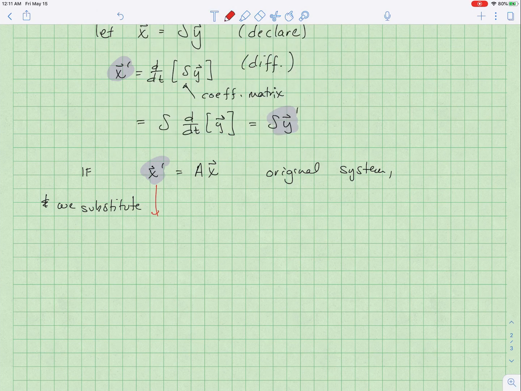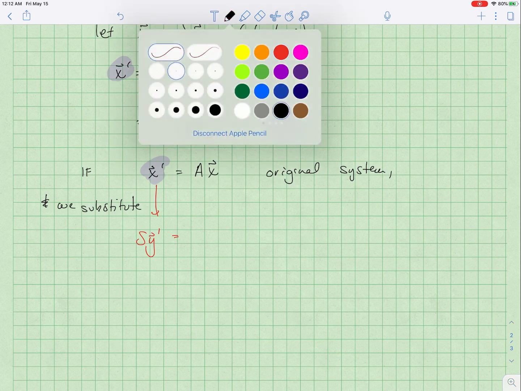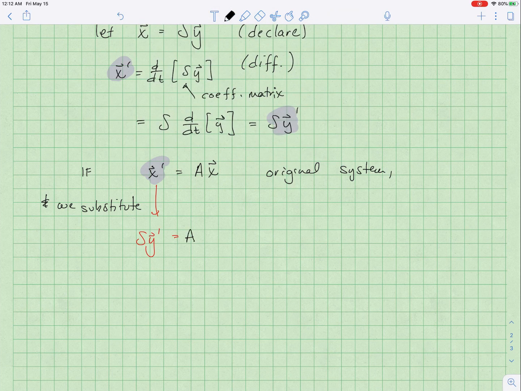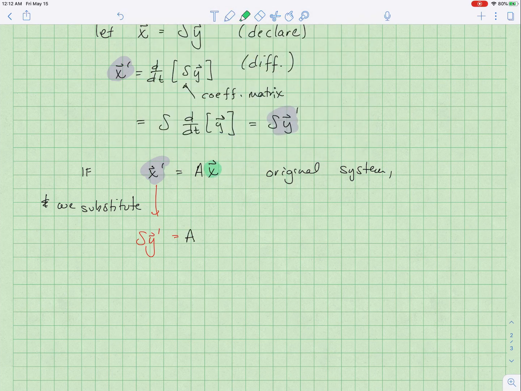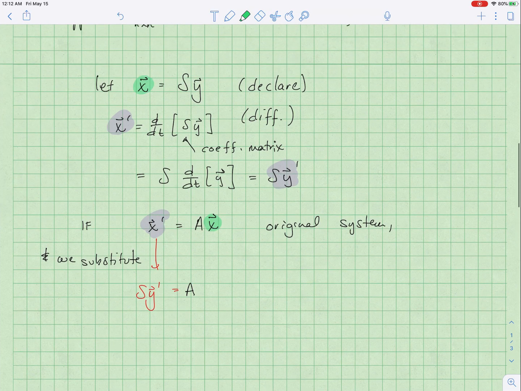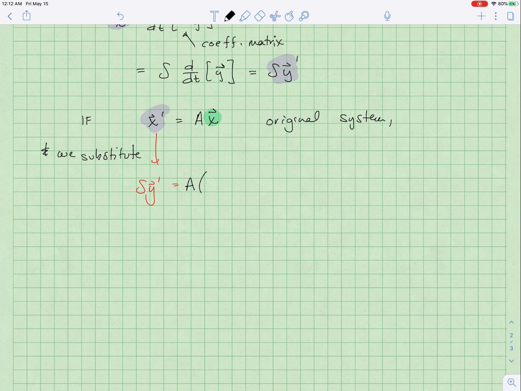This is S y vector prime, and that will be equal to, well, I have A x here, so A is not going to change. I don't know what to do about A, but I do know that I have a substitution. I declared what my substitution was going to be for x. x was S times y. So I can rewrite this as S y prime is equal to A S y.